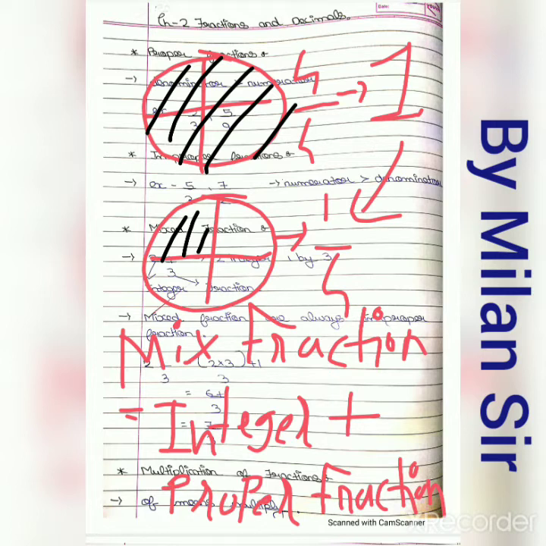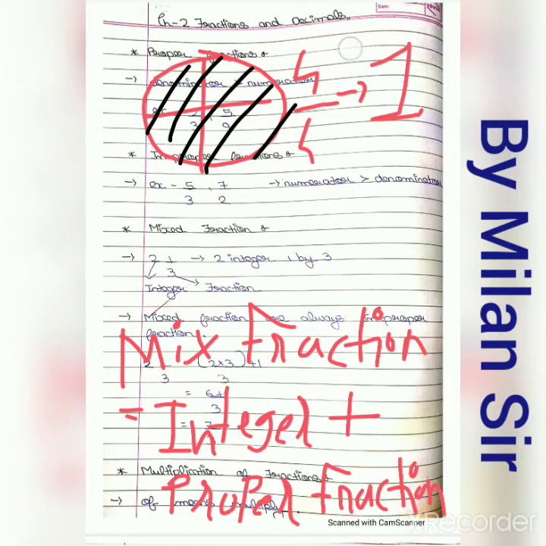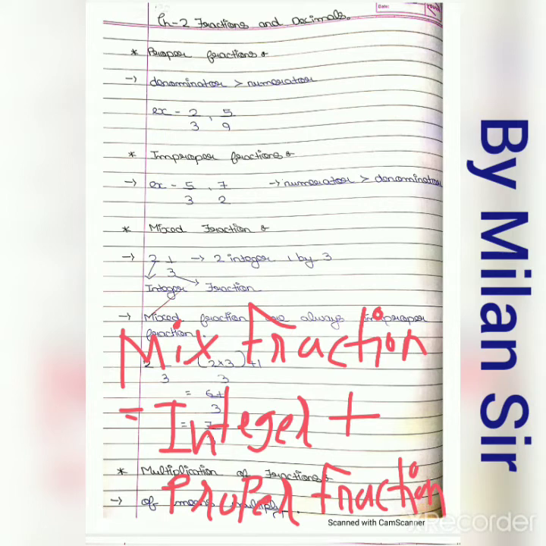This is mixed fraction. Now I will explain this mixed fraction again, but before that, if you have confusion in this, then I remove it. Just understand the definition of mixed fraction. It is a mixture of integer and proper fraction, right? Mixed fraction is the addition of integer plus proper fraction, but your mixed fraction is always an improper fraction.